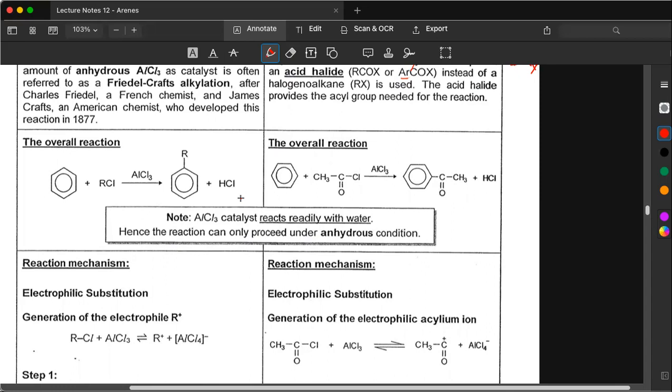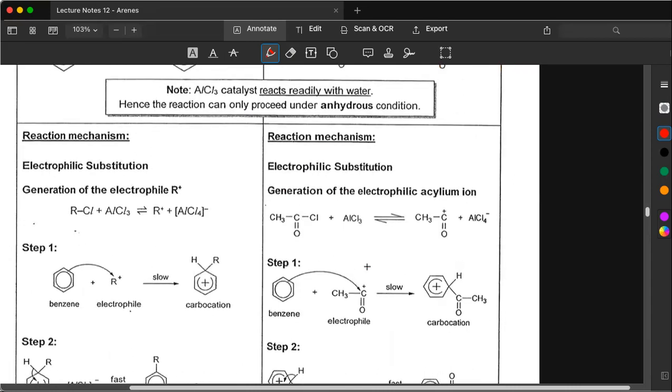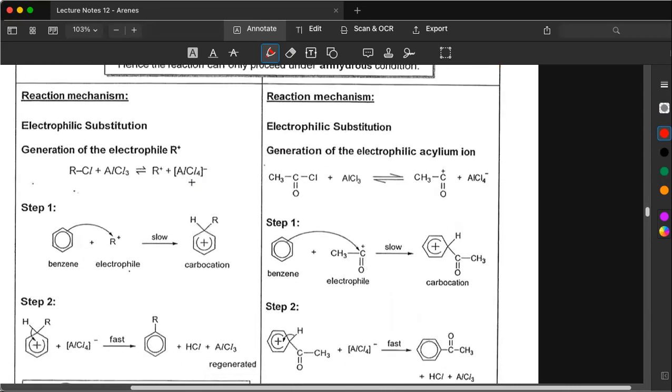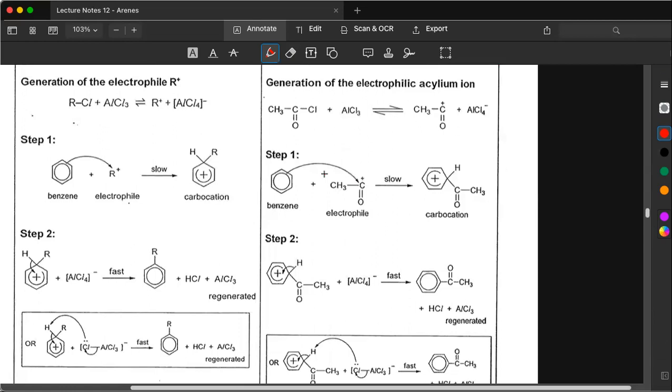And now, following which, we will write the reaction mechanism, which is similar to the one on the left. That's why they are positioned side by side so that you can see the similarity and study them together. So what happened is that there's some polarization that causes the electrons to move over.